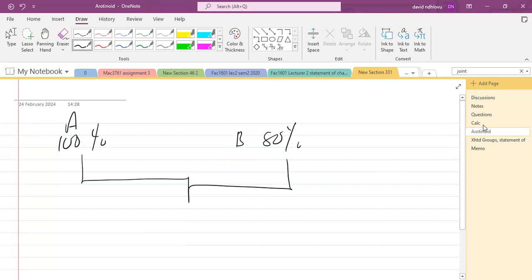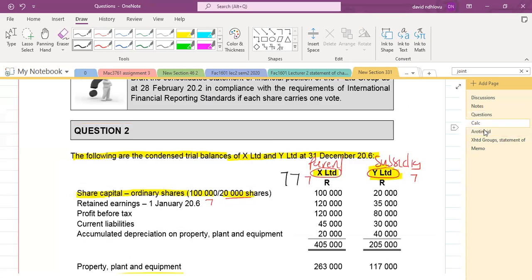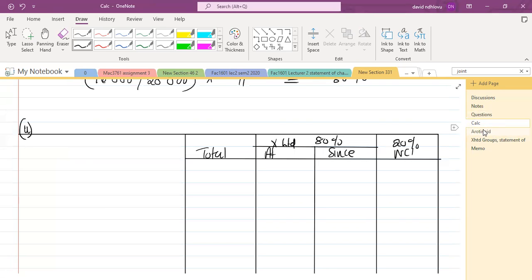So an analysis is basically an attempt to split the shareholding of the entity between our own shareholding as the parent and the other shareholders who happen to be having what? 20%. We call them non-controlling interest. They are also shareholders, but they do not have control. So they actually have 20% of the ownership of the entity.